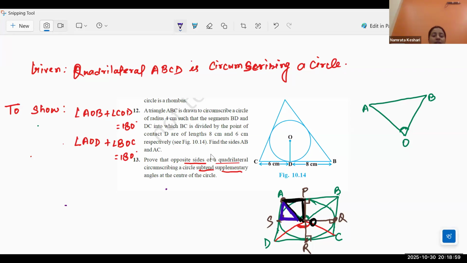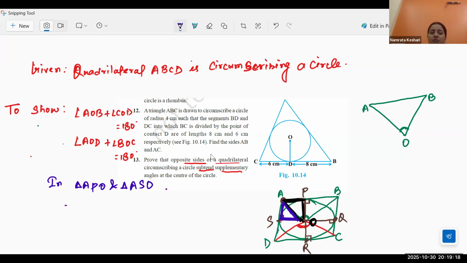Can you see the black color triangle and the blue color triangle? The black one and the blue one. Can you see that? Yes, ma'am. Okay, I'll take this triangle APO and triangle ASO. And easily we will be able to say these two are congruent.